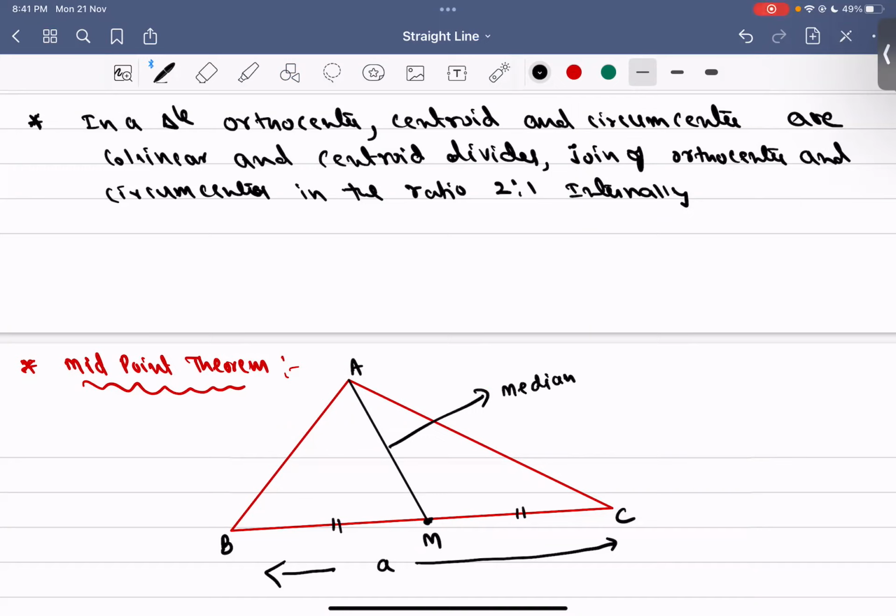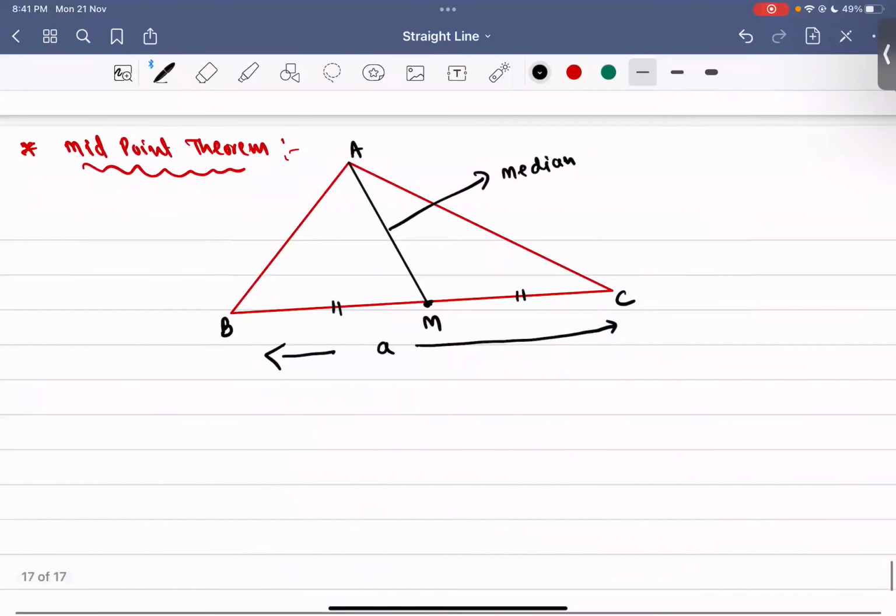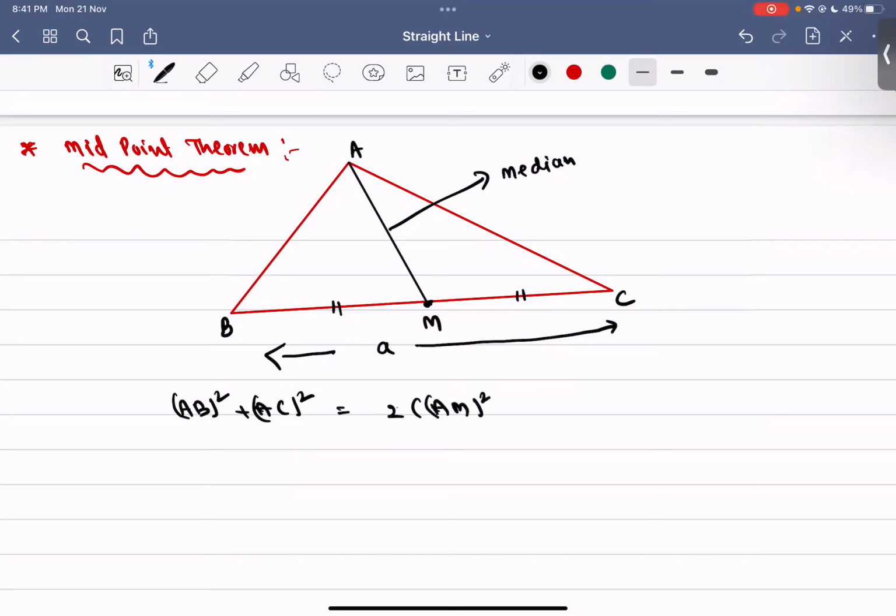So the midpoint theorem here is AB square plus AC square is equal to 2 times AM square plus BM square.